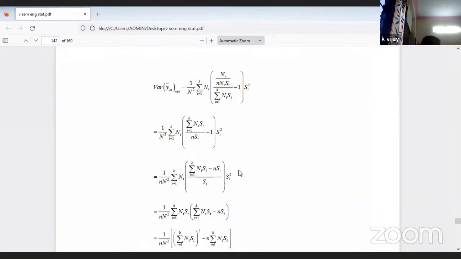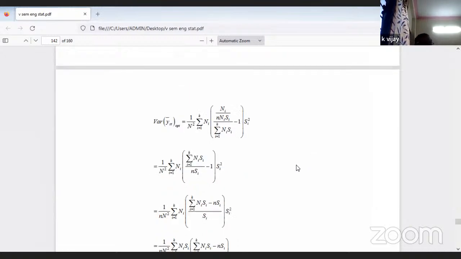So therefore, variance of y bar stratum, that is optimum, 1 by n square, there is a formula, i equal to 1 to k ni.